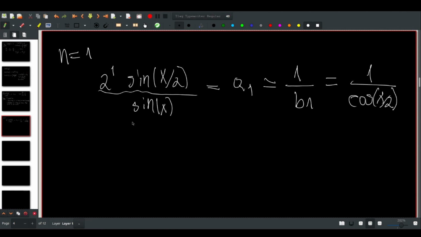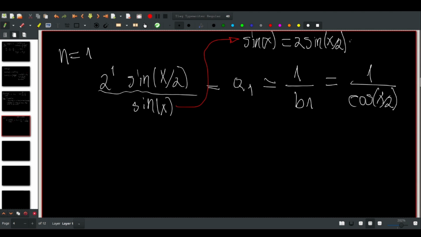And then what we need to do is work on the left hand side. I'm going to use the doubling sine formula. What that formula says is that the sine of x is equal to twice the sine of x half times the cosine of x half.